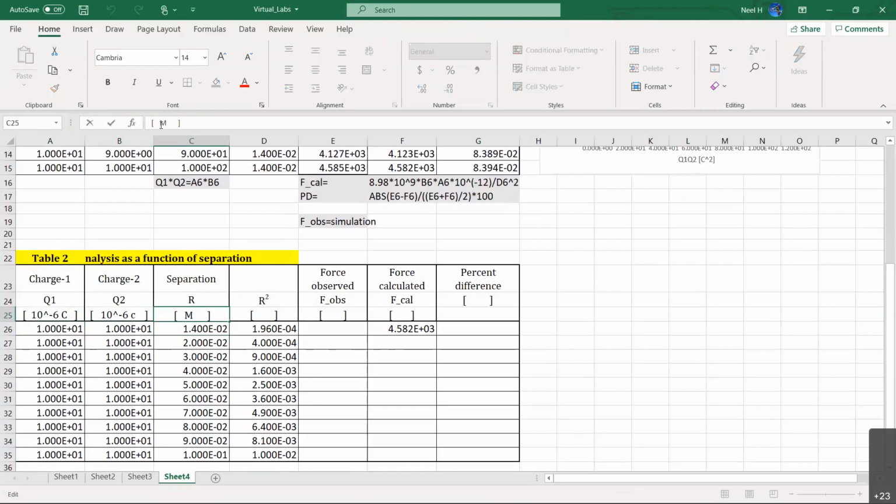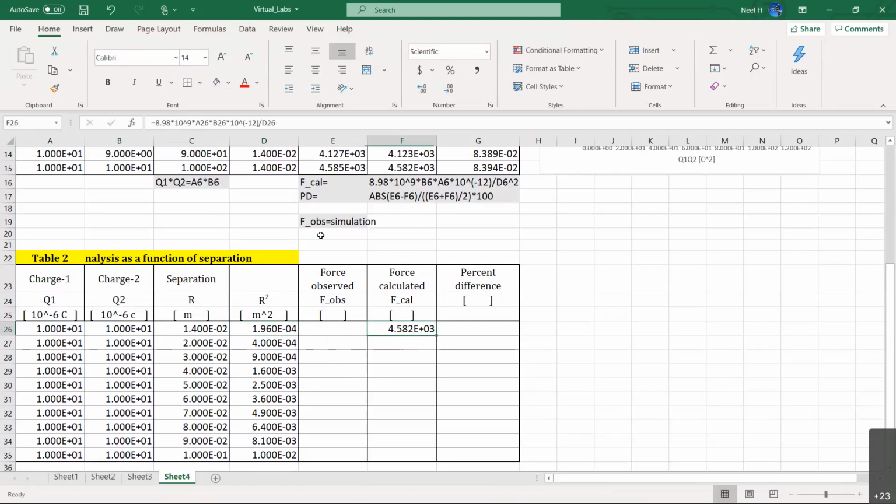R unit in meters, and R to the power 2, meter to the power 2. You don't even need this column. I just leave it like that because when I do the force calculation, that is easier. That's why.